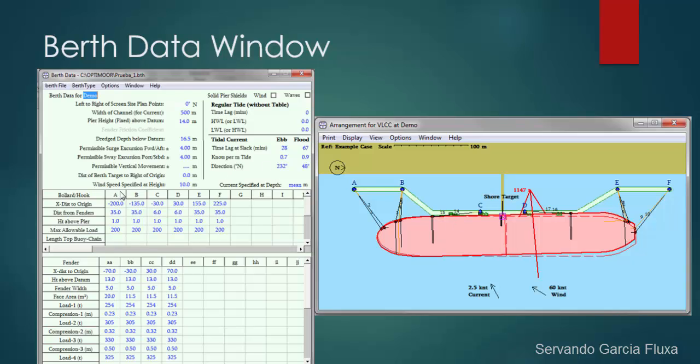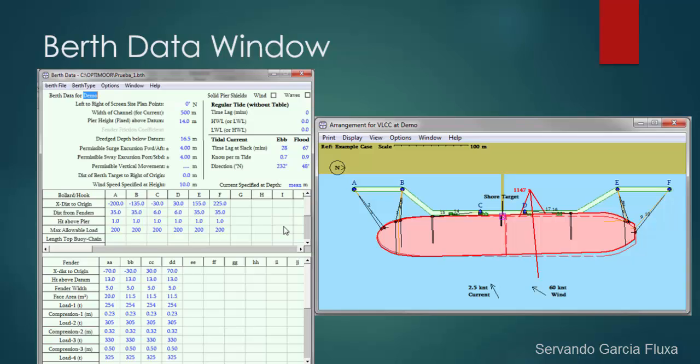Then OPTIMOOR asks you to define the wind data you're going to introduce. The thing is that if that wind data hasn't been obtained at 10 meters height, then that wind needs to be corrected.